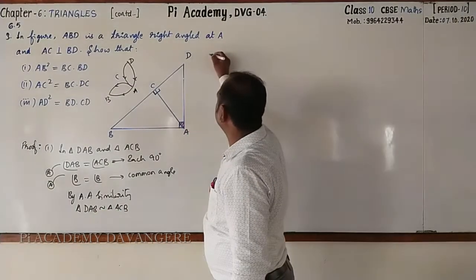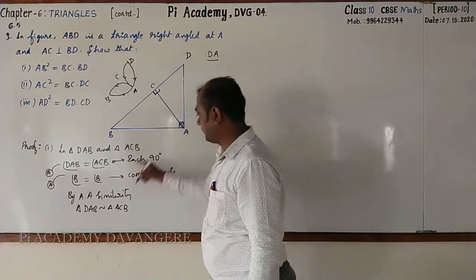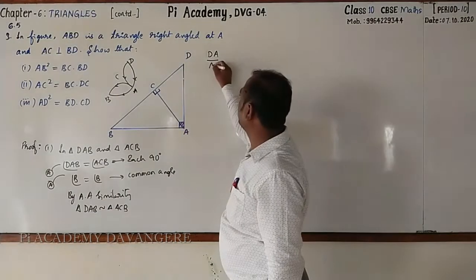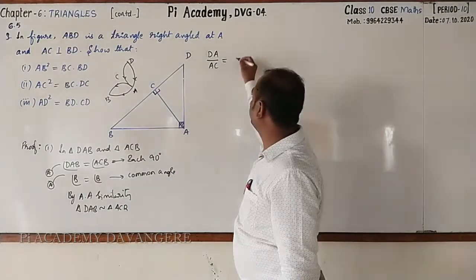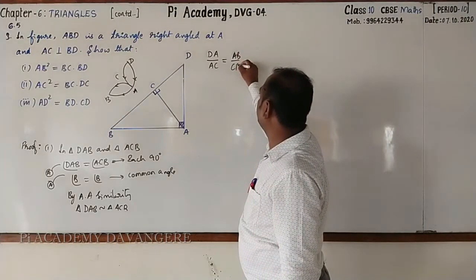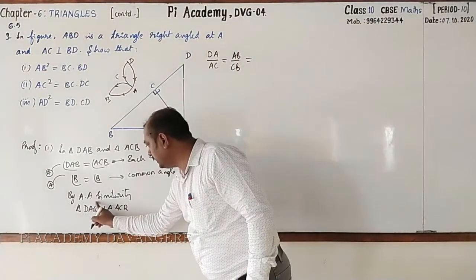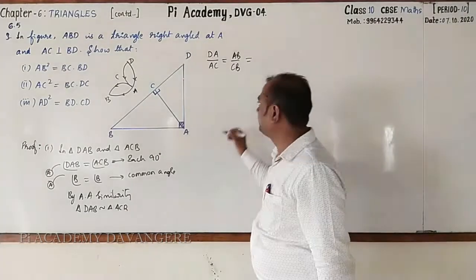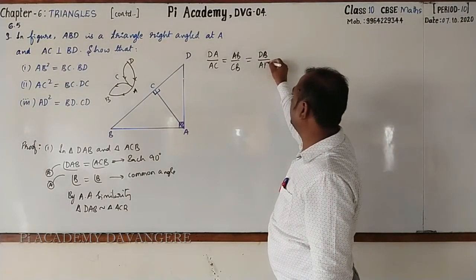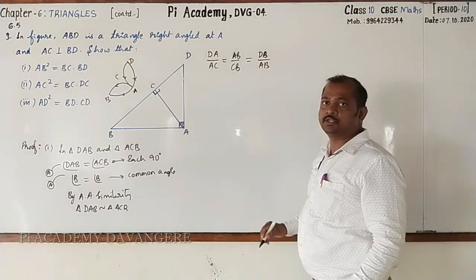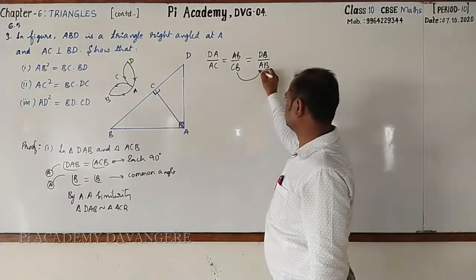Alright, it is BA by AC, which is equal to AB by CB, which is equal to DB by AB. Now you have to take two ratios in which the common side is there.